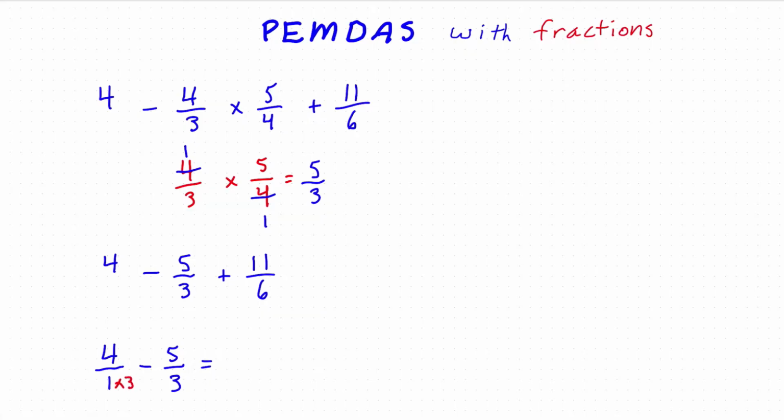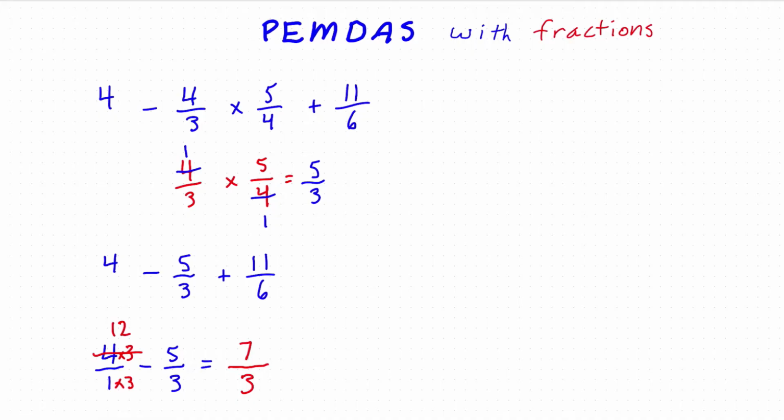We don't need to do anything to this fraction because we're already using 3 as our denominator, so we don't have to change that denominator. Times 3 over here. Our denominator in our answer is going to be 3. 4 times 3 becomes 12. Now we have 12 minus 5.